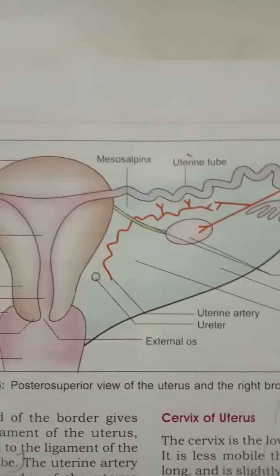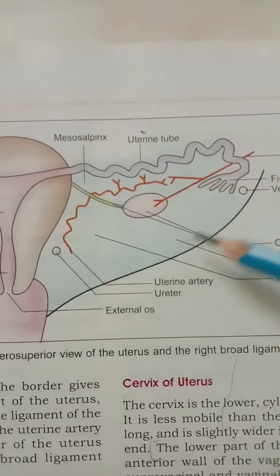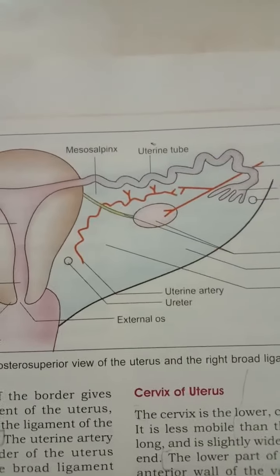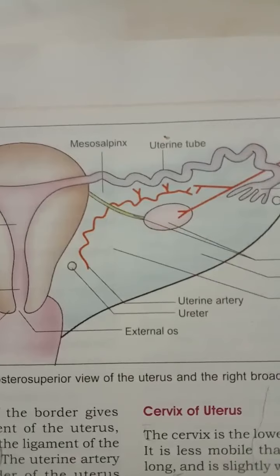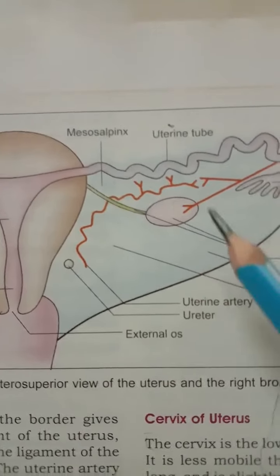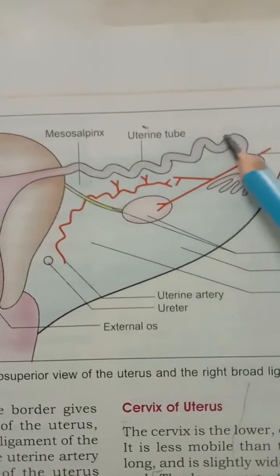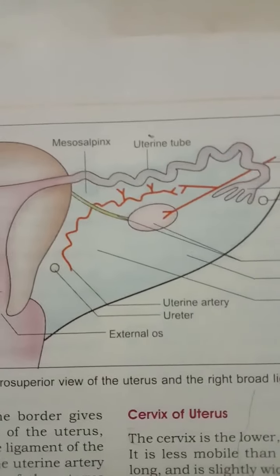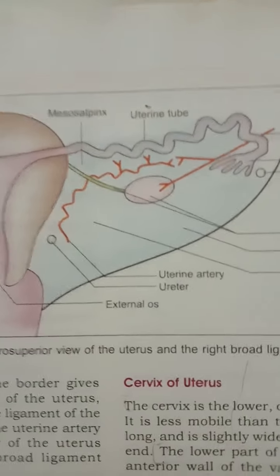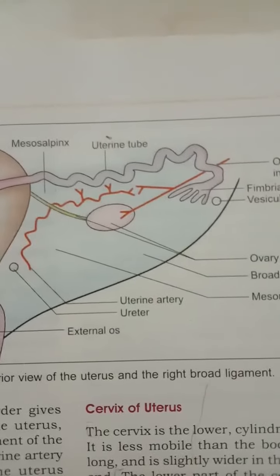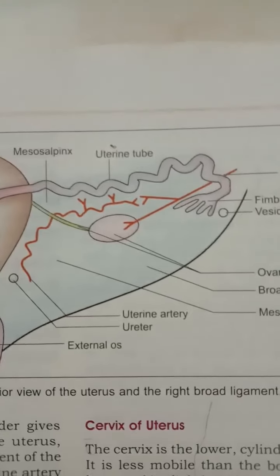Then the contents of the broad ligament. First, the broad ligament contains one tube, the uterine tube. Second, two ligaments: the round ligament of the uterus and the ligament of the ovary.